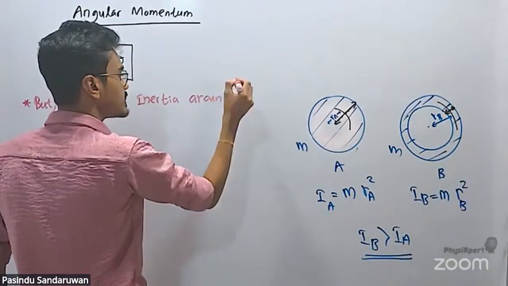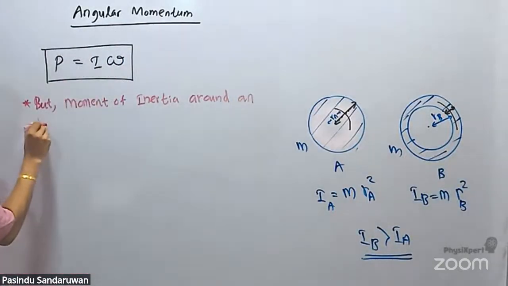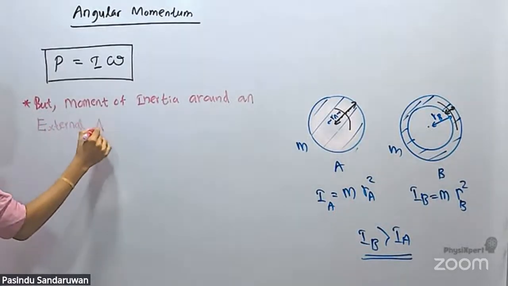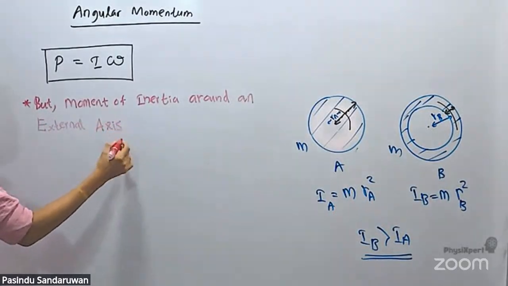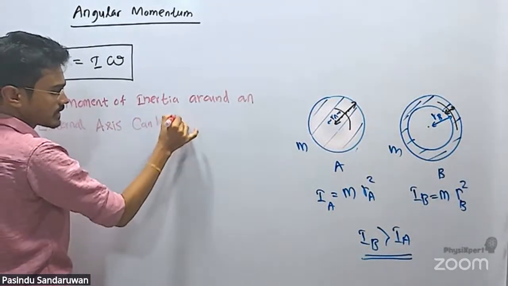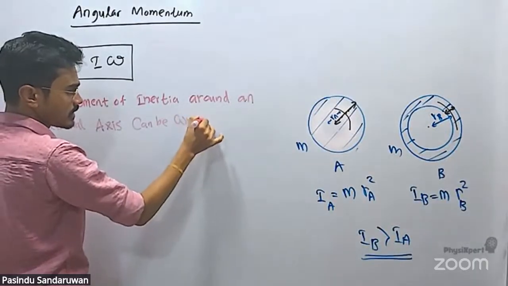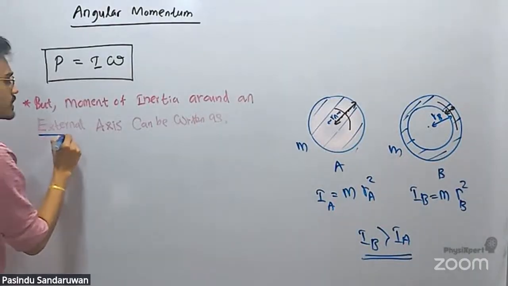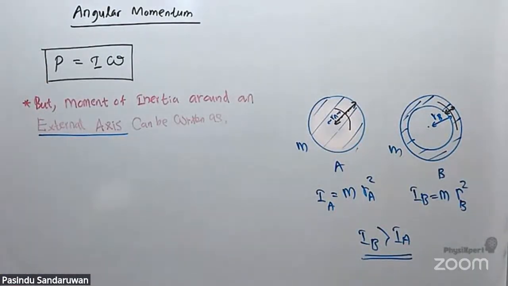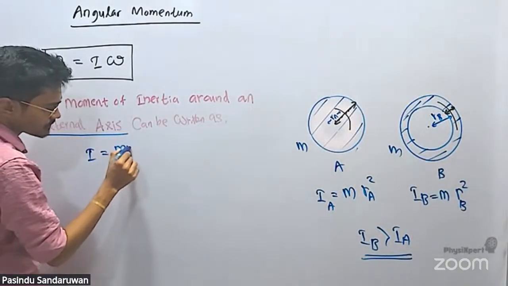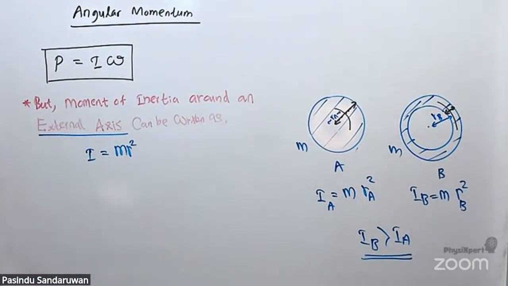Moment of inertia around an external axis can be written, about an external axis only, as I equals mr squared. Now if I use that idea here, see what happens.